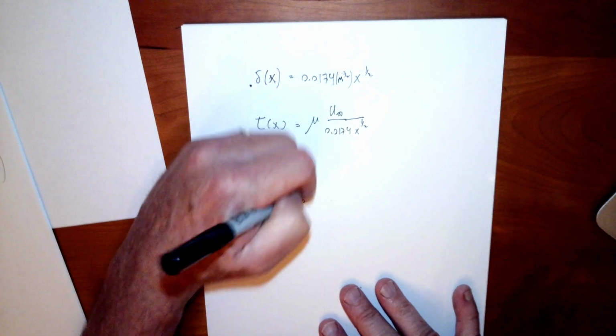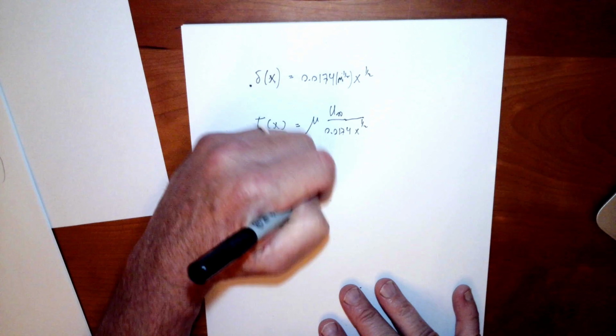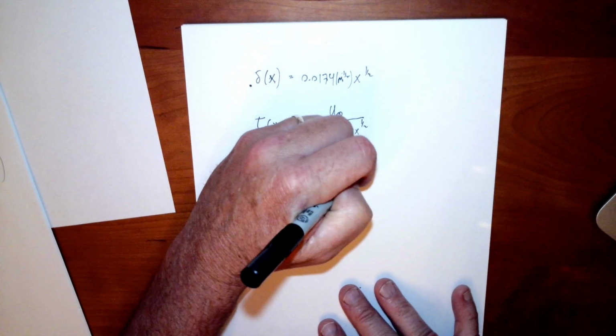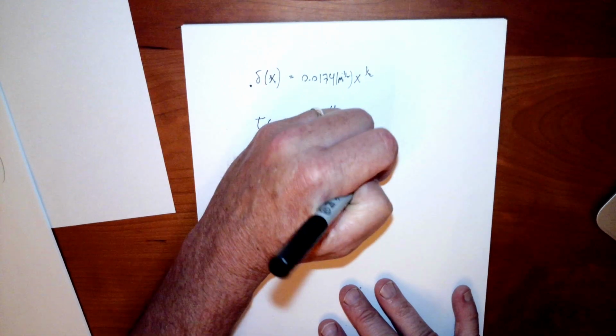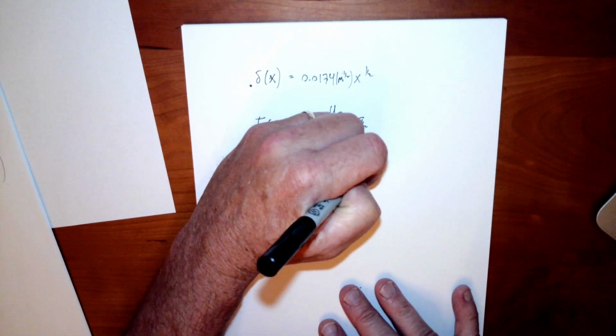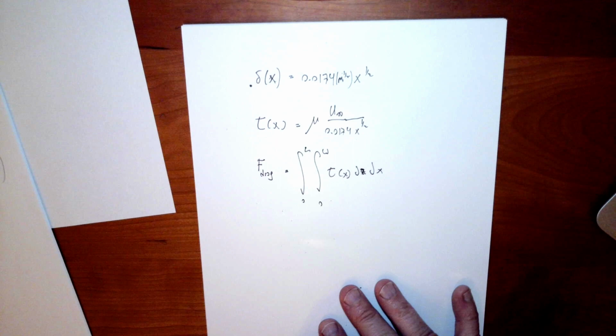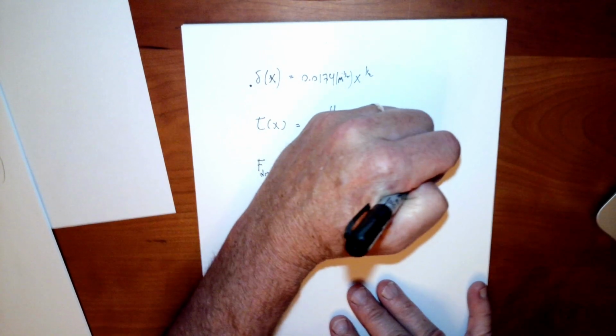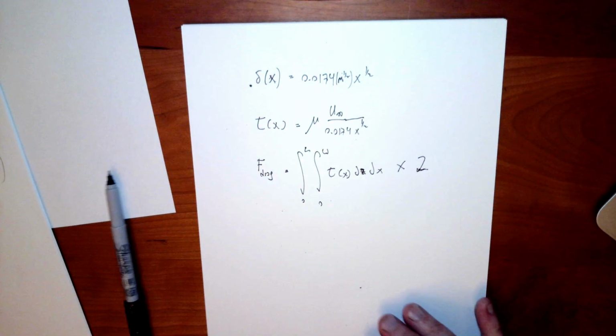So I'm going to have a double integral, 0 to L, 0 to W, tau, which is only a function of x. Then I have dz and dx. And I'm going to multiply that by 2 because I have a top surface and a bottom surface.